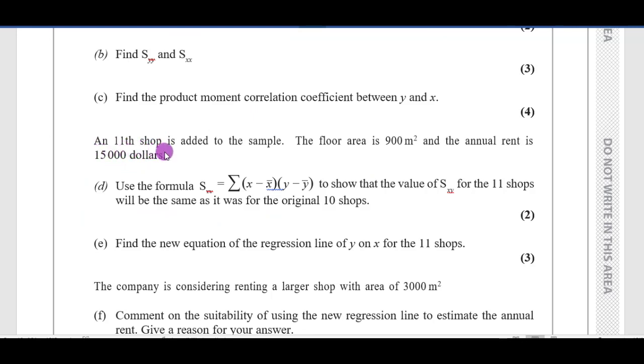Now, an 11th shop is added to the sample. The floor area is 900 meters squared and the annual rent is $15,000. Use the formula SXY equal to sigma of (x minus x bar) multiplied by (y minus y bar) to show that the value of SXY for the 11 shops will be the same as for the original 10 shops.